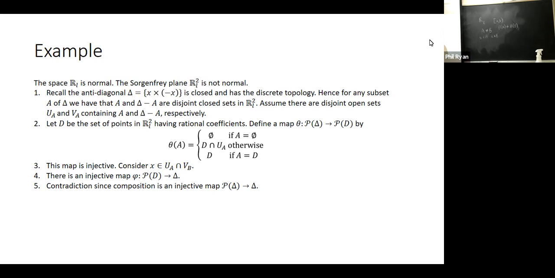It's going to be something like this. So we've got to show then that D intersected UA doesn't equal D intersected UB. Because well, we've got some X in A and some X which is not in B.